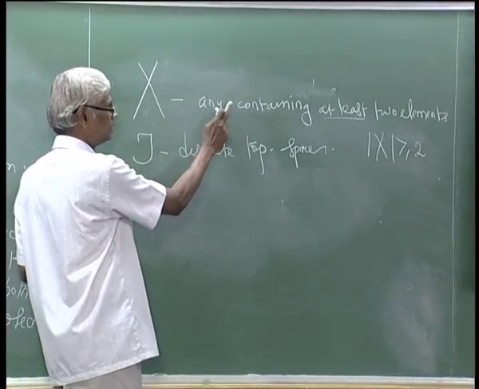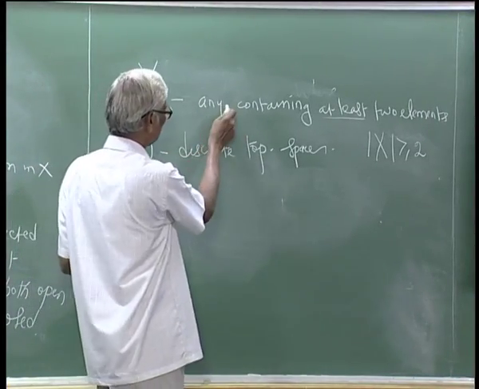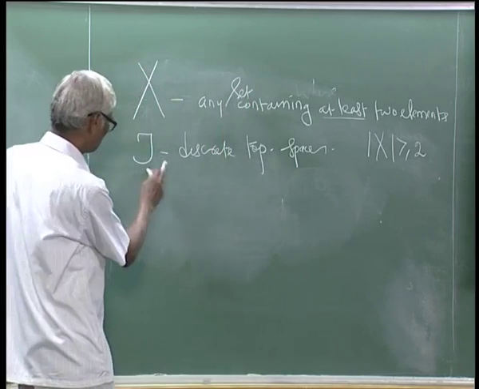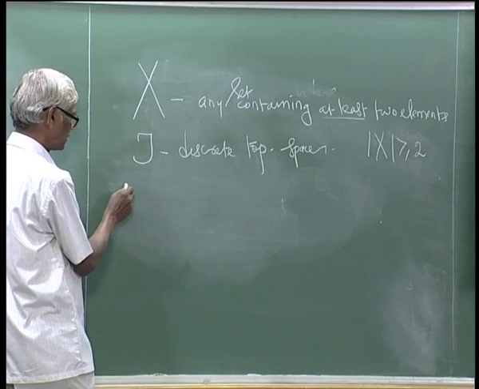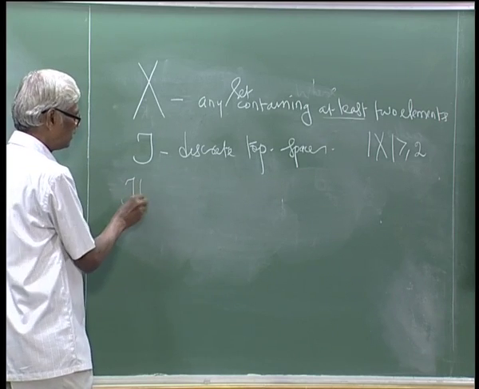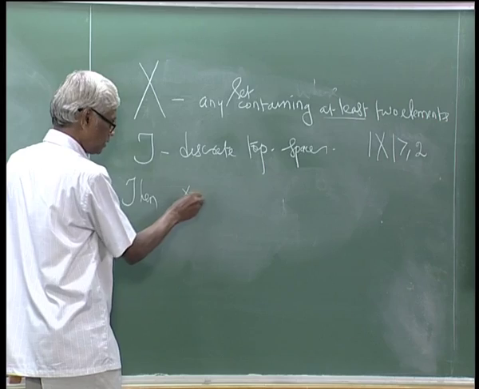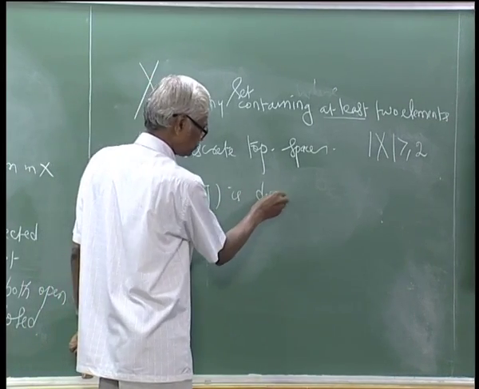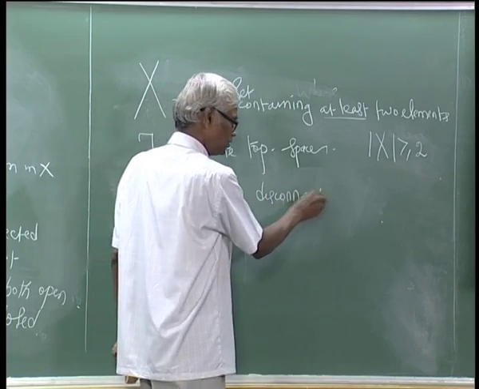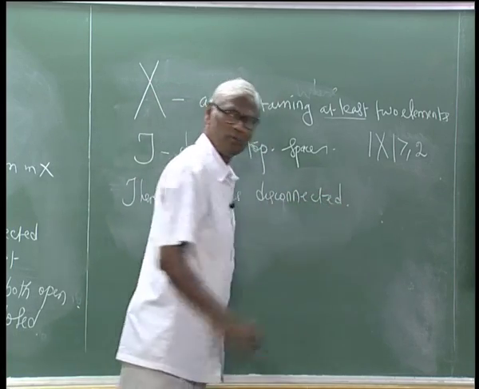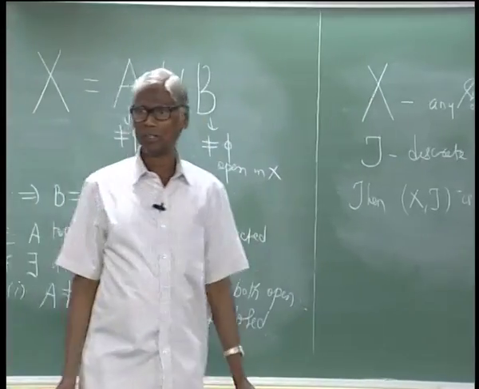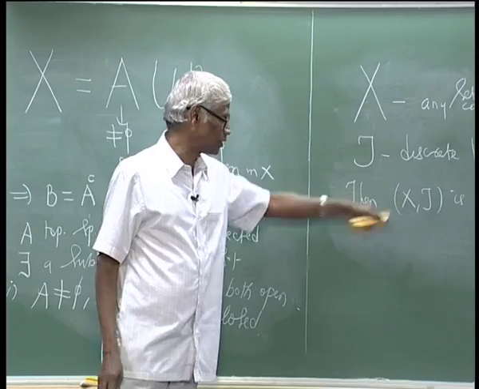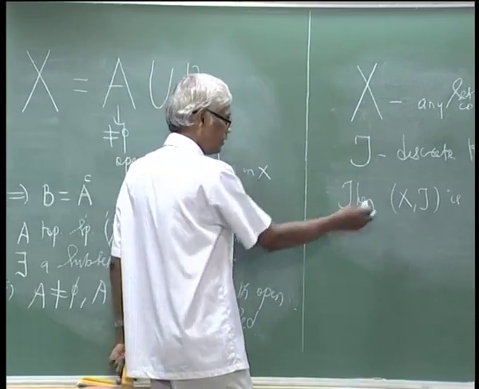So, X any set containing at least 2 elements, tau the discrete topology, then this discrete topological space is disconnected. In fact, it is easy to give examples like the discrete topological space; you can give many.